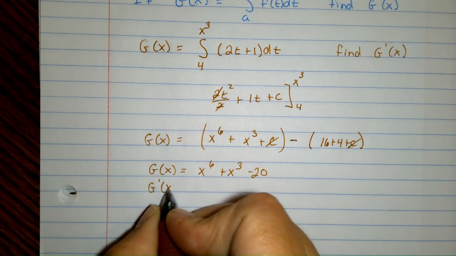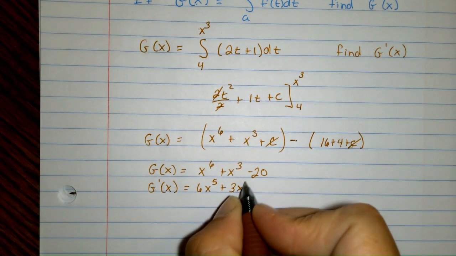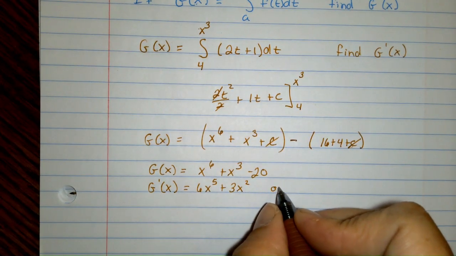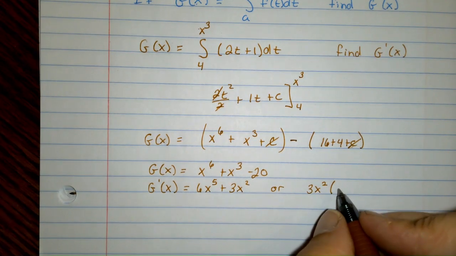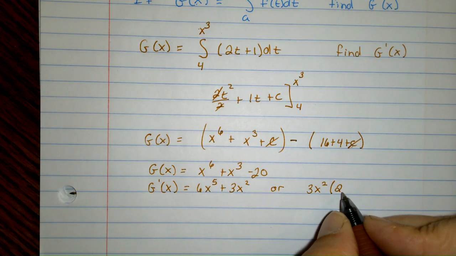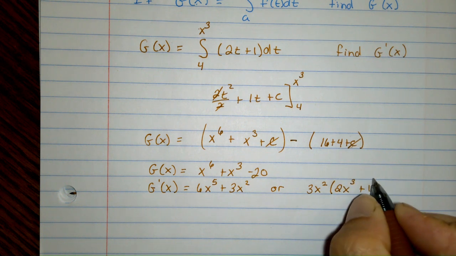So the derivative of g is 6x to the 5th plus 3x squared, or 3x squared multiplied by 2x cubed plus 1.